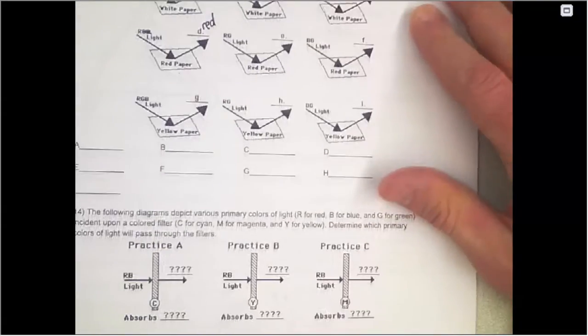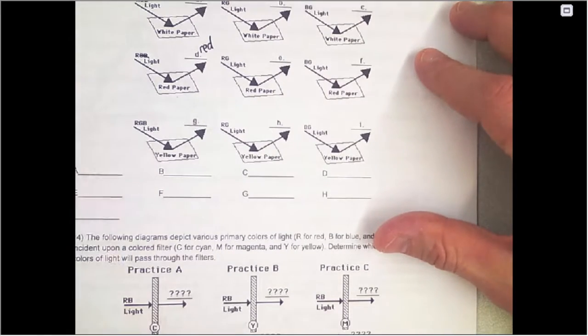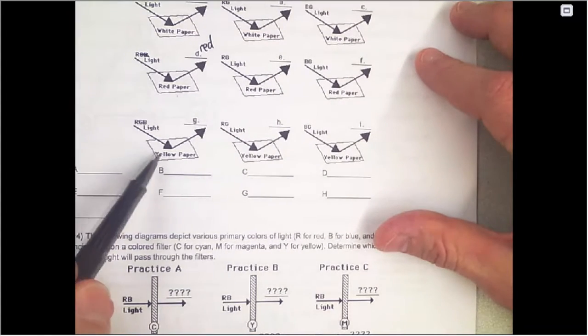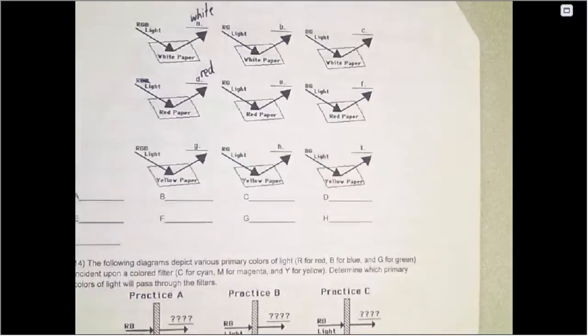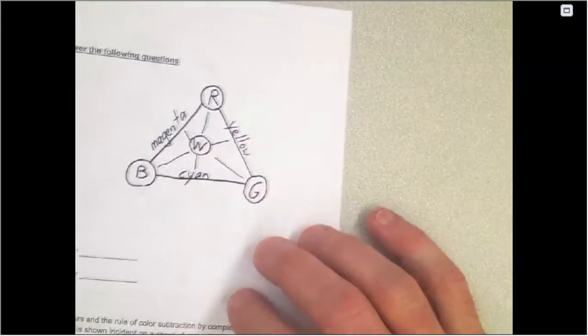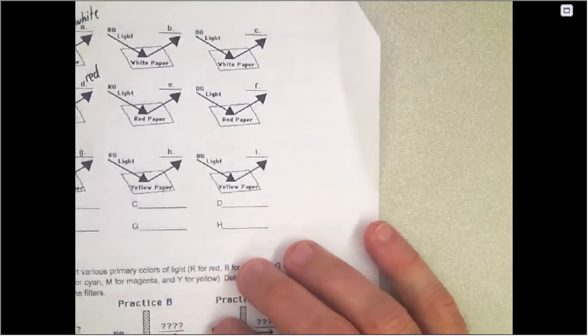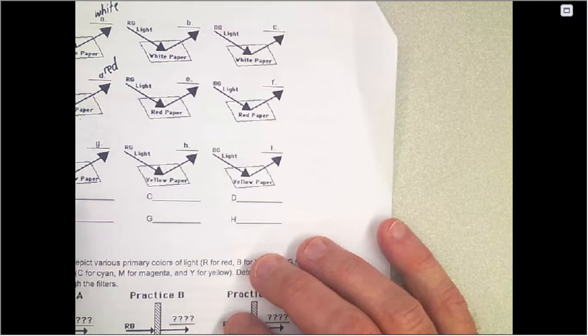And then probably the trickiest of the three is red, green, and blue light are shined on a yellow piece of paper. And if we go back to our color wheel, yellow is made up of red and green. So if yellow is made up of red and green, we know that yellow will reflect red and green.